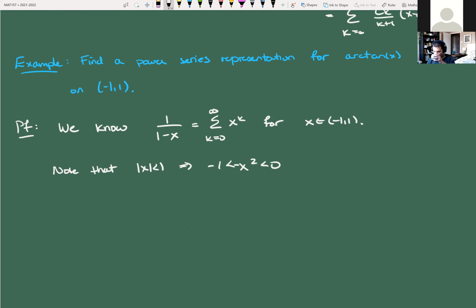That's going to be true. And so this number is still in the regime where we can apply the geometric series to it. We're going to have to check my logic here in a second to make sure that I didn't actually want to go in the other direction. But 1 over 1 plus x squared is then equal to this thing.